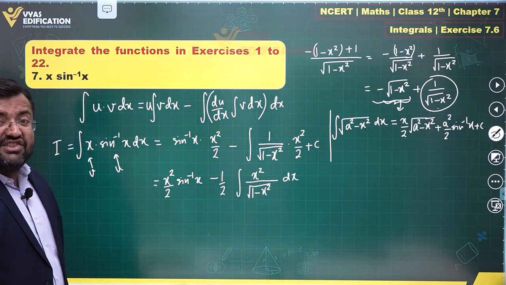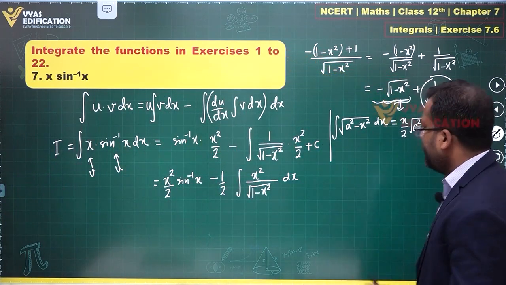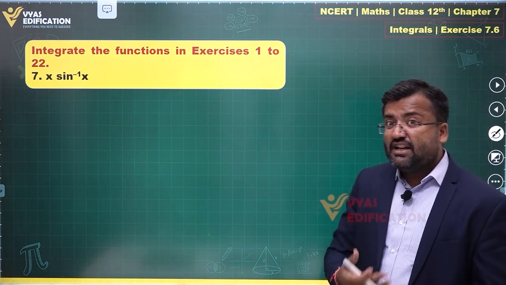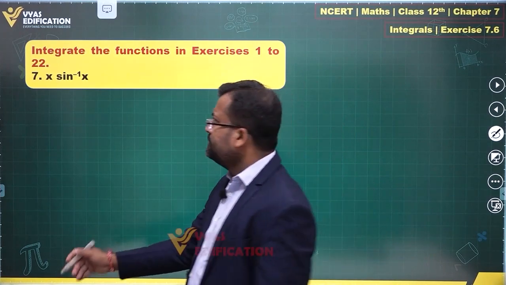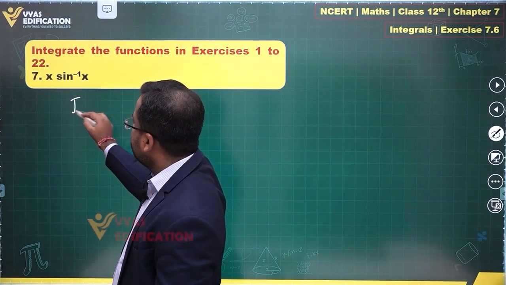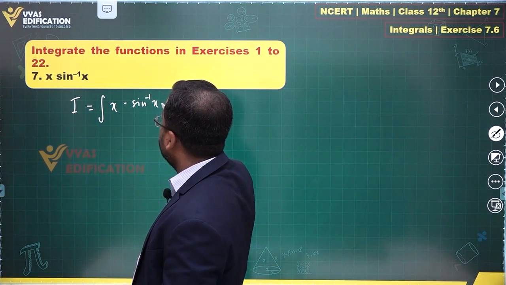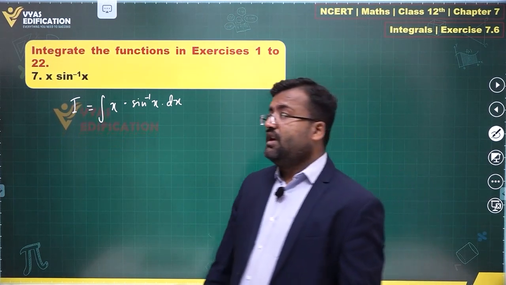But from the point of view of exercise 7.6, what will we do? For that, there's another idea. Let's get rid of this whole thing and then solve it using another approach. What is the other approach? So I, which is equal to integral of x sine inverse x dx. Such questions can be tackled with a substitution first. What's our substitution?